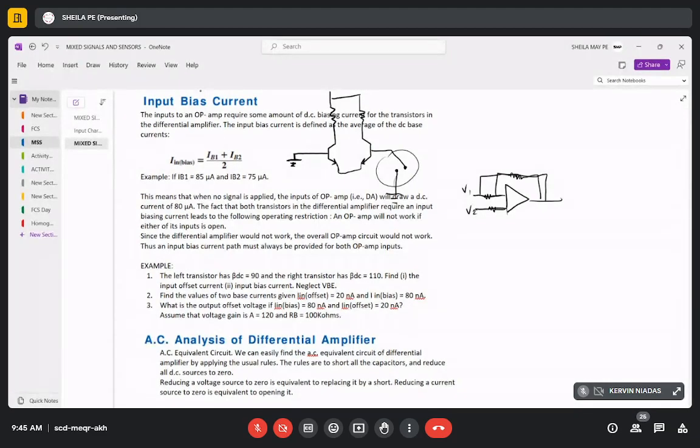Okay, so for example, the left transistor has a beta of 90 and the right transistor has a beta of 110. Find the input offset current and input bias current, where we have to neglect our VBE. That's the condition given. What's the formula of our input offset current?